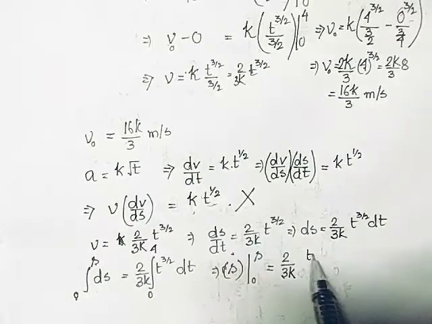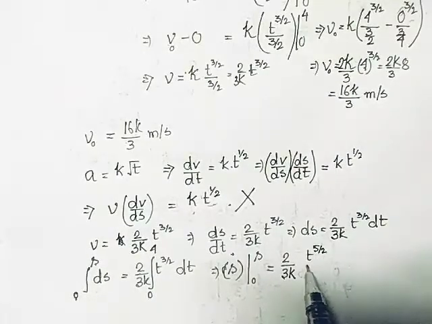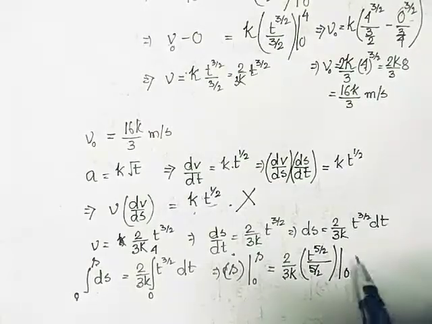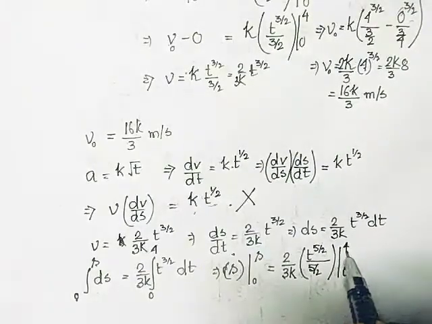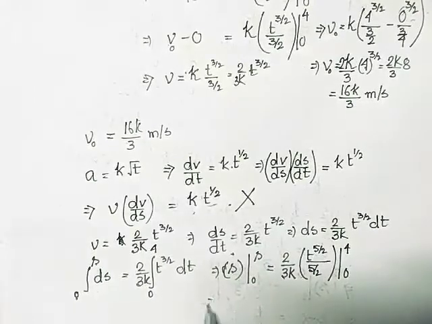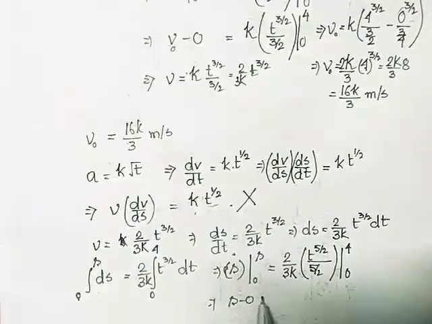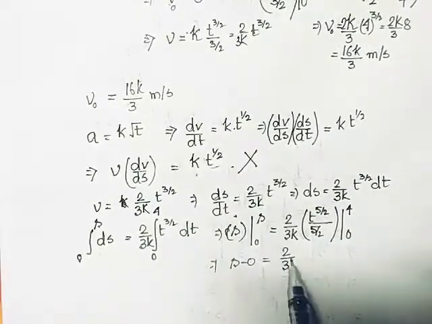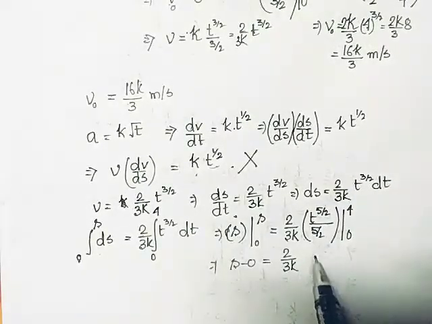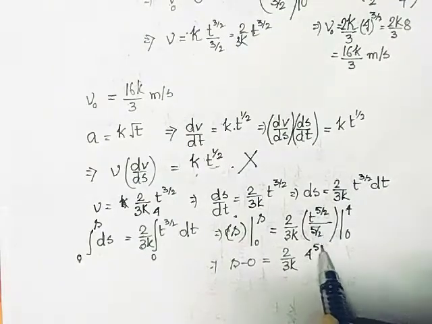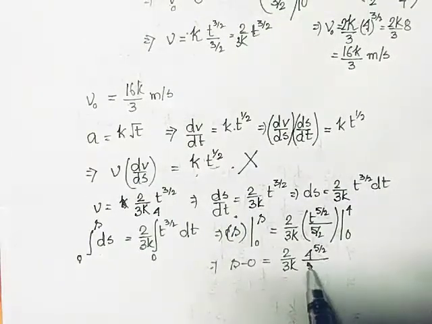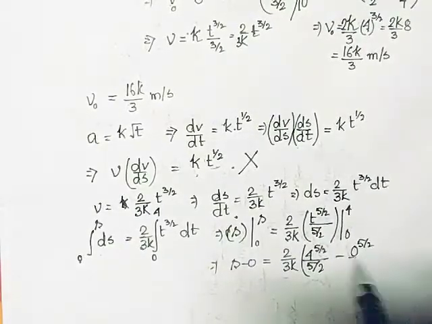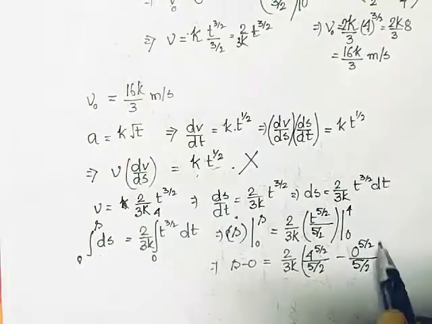T to the power 3 by 2 becomes t to the power 5 by 2 divided by 5 by 2, with limits 0 to 4. So this obviously becomes s minus 0, and from here 2 divided by 3k, 4 to the power 5 by 2 divided by 5 by 2 minus 0 to the power 5 by 2 divided by 5 by 2.